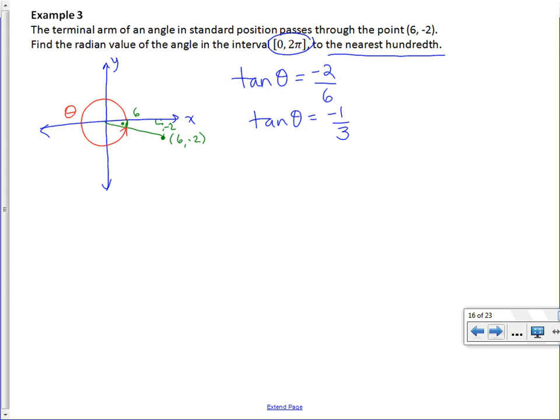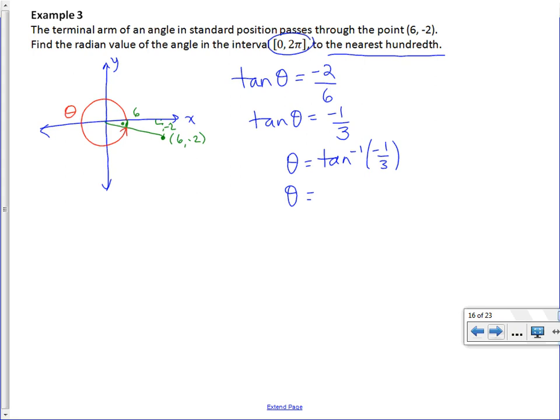Figuring out the angle theta, or find the radian value of the angle. So I'm finding theta. How do I isolate theta? What do I do with tan? The inverse. Yep. Theta is tan inverse of -1/3. Now here's the first time in the course that you absolutely have to be in radian mode for this to work.